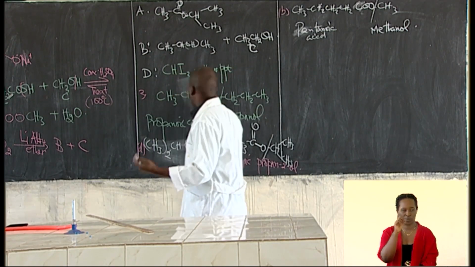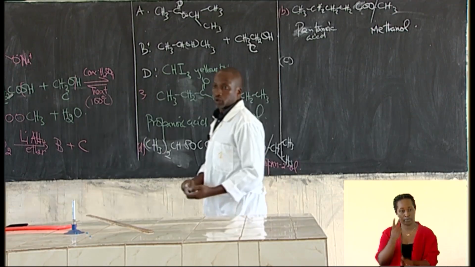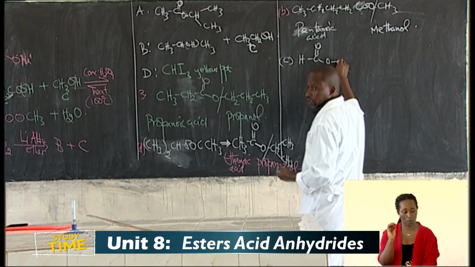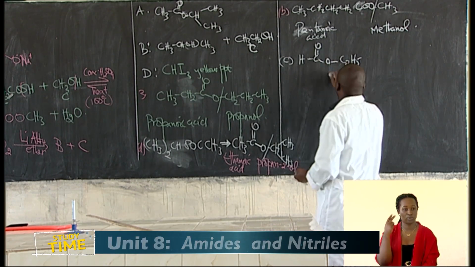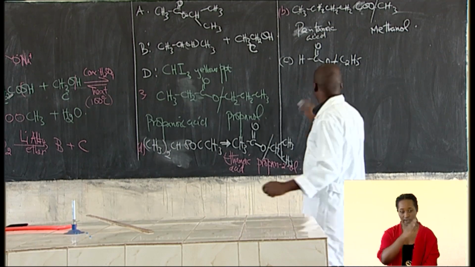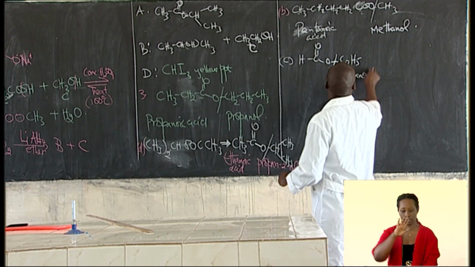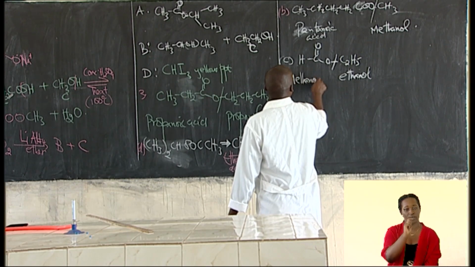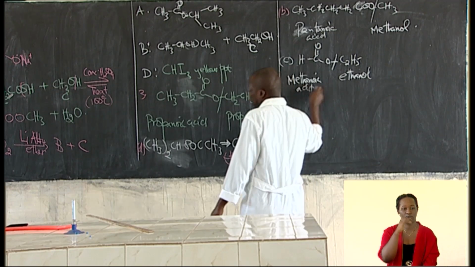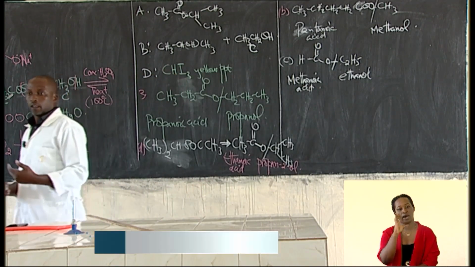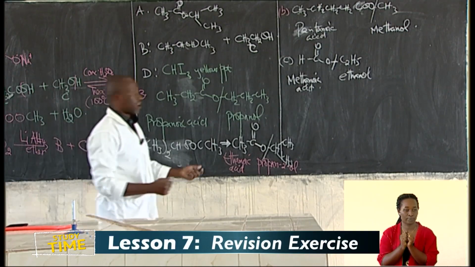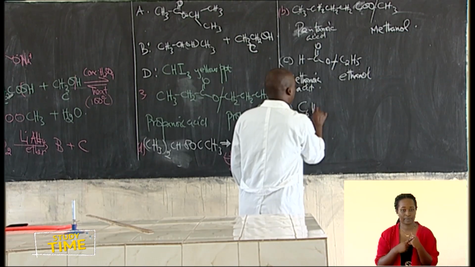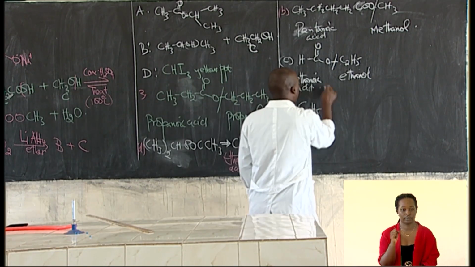So we have done, then we go to C. If we go to C, we have H like this, and then you have C2H5. This is ethyl, so that is ethanol. This one comes from ethanol, and this is methanoic acid. Those are the 2 acids together. E, you'll have C6H5CO.